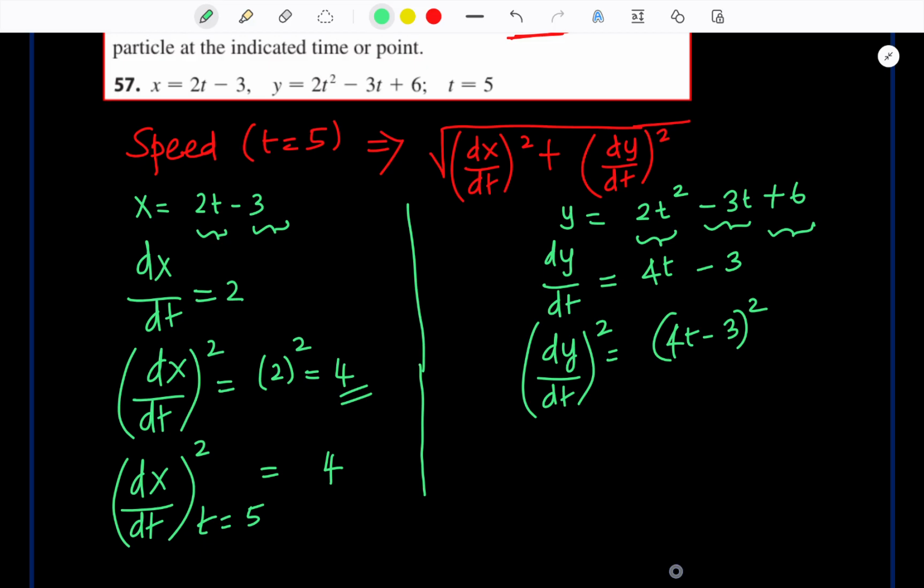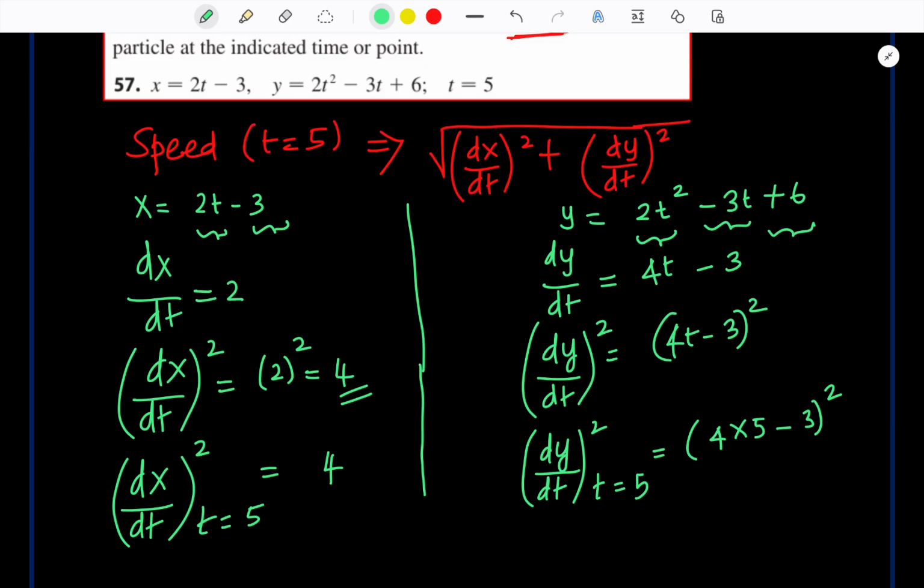Next is dy by dt the whole square at t equal to 5. If I put this in, it becomes 4 times 5 minus 3 the whole square, which is 20 minus 3, that is 17.